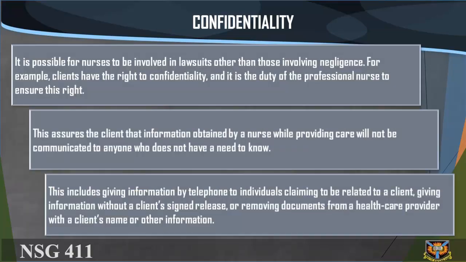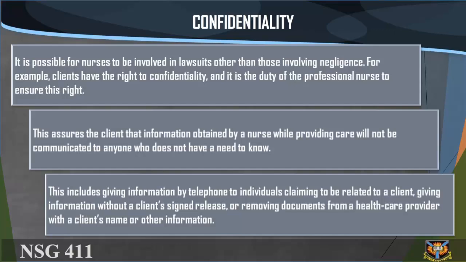Confidentiality. It is possible for nurses to be involved in lawsuits other than those involving negligence. For example, clients have the right to confidentiality, and it is the duty of the professional nurse to ensure this right. This assures the client that information obtained by a nurse while providing care will not be communicated to anyone who does not have a need to know.